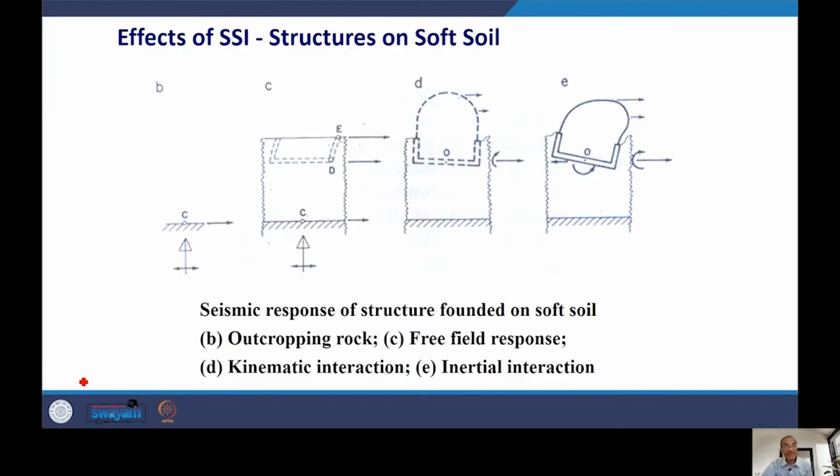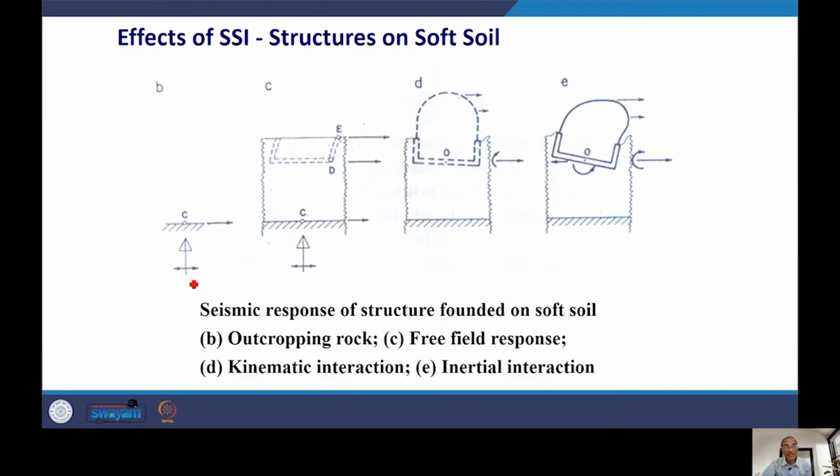What happens if you place a soil column on top of this bedrock? Due to the presence of the soil column, not only at other points but at point C itself, the response is changed, and most of the time it will decrease.